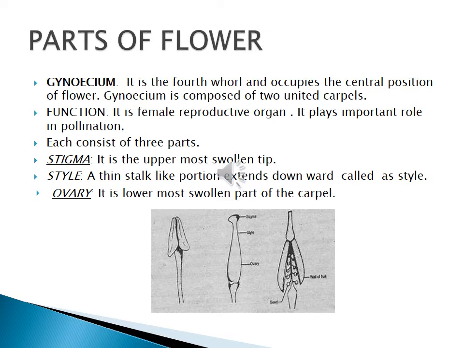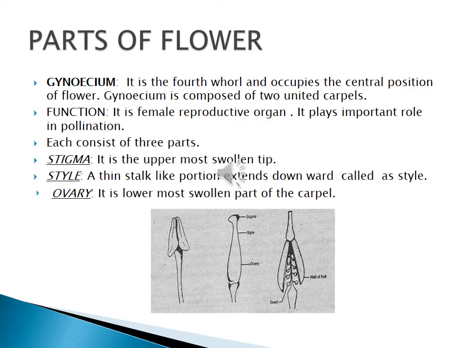Now students, you can understand pollination, because in pollination the gynoecium and androecium are the main parts. Pollination is the transfer of pollen grains from the anther of the stamen, the male reproductive part, to the stigma of the carpel, the female reproductive part.